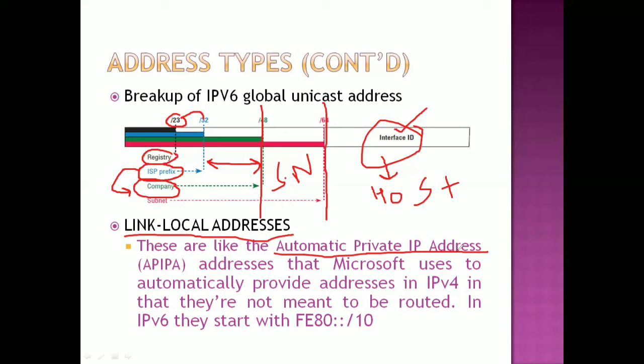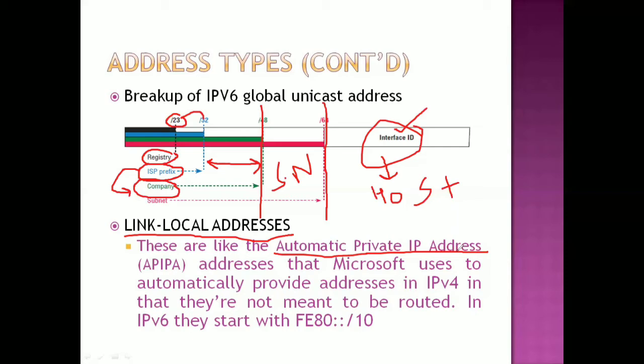The concept is that if a PC or a host is not provided an IP address statically, and we don't have the DHCP server present in our network, then the PC itself assigns some IP address in the range of 169.254. That IP address is basically the APIPA.